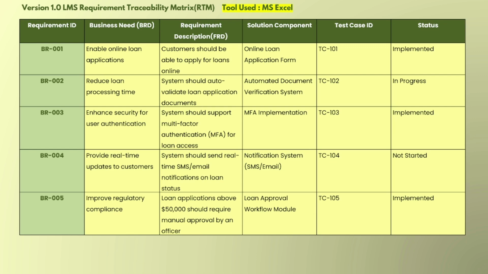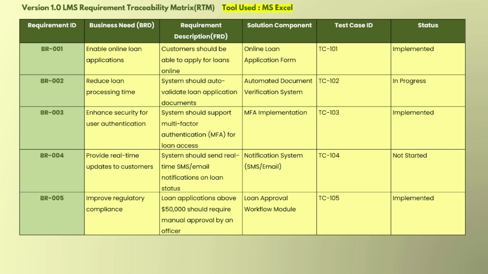Then once it is created, we need to test it. So for testing, the code provided is TC101. We will see what TC101 is in depth in an upcoming slide. And the status is implemented. So this particular thing is implemented. So see how we have traced the requirement right from its birth until it gets implemented.